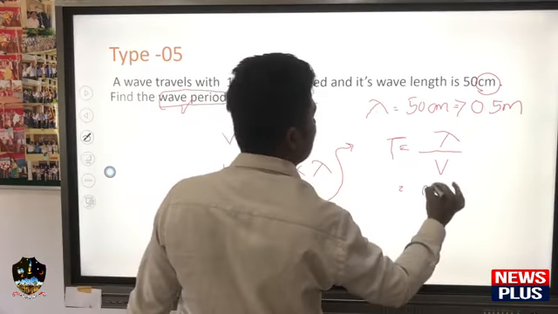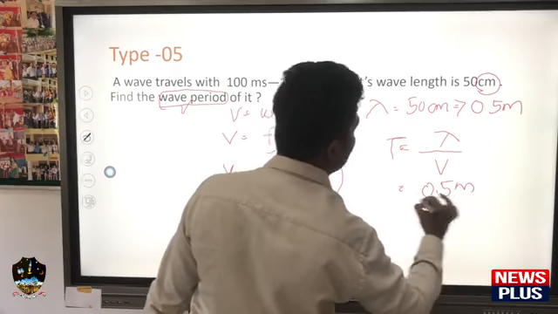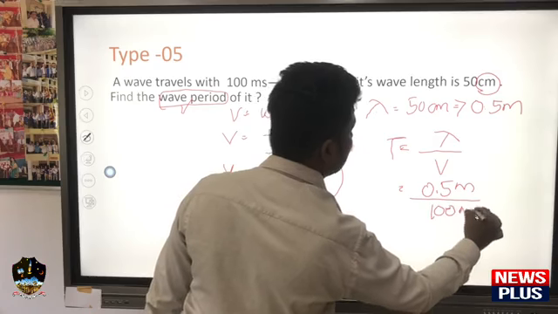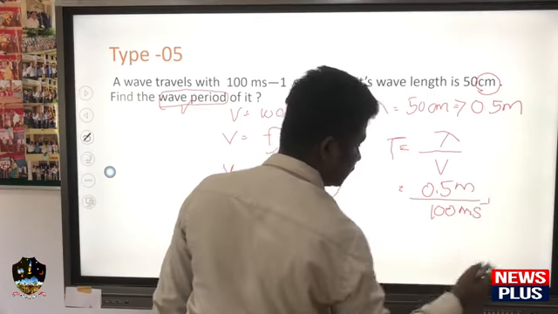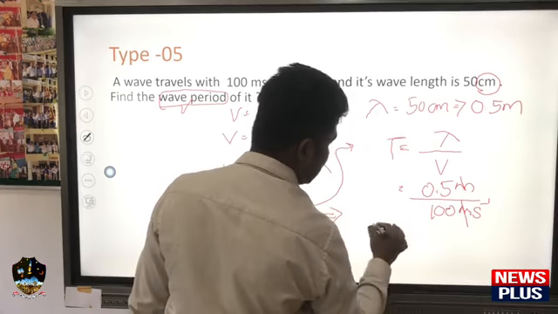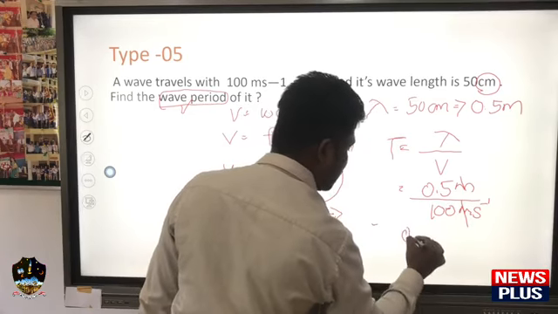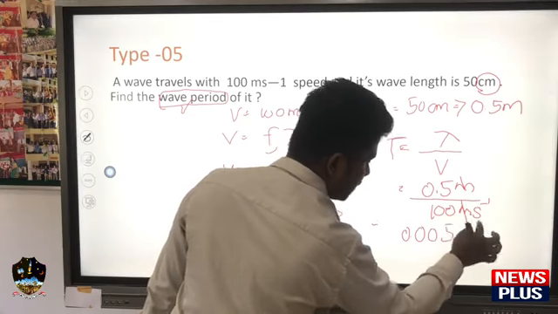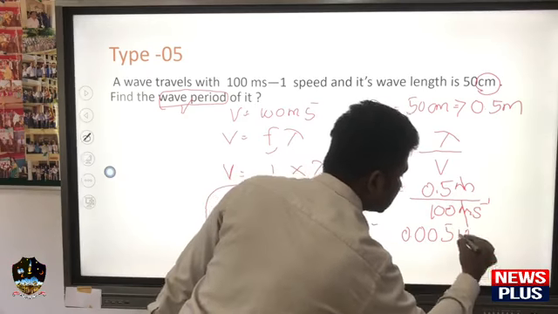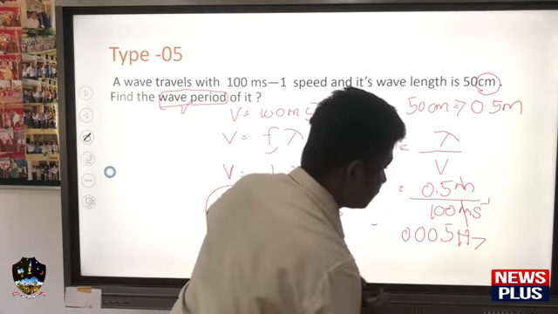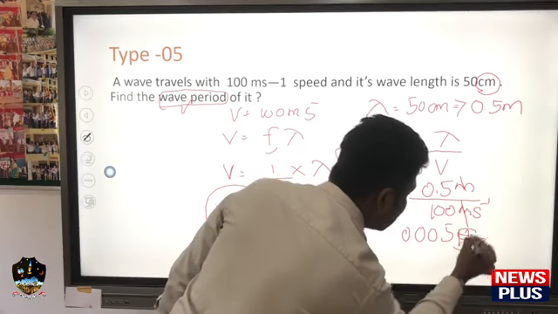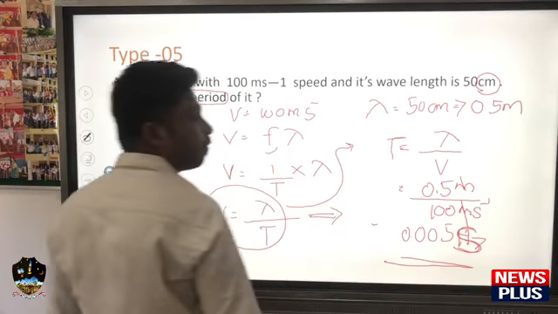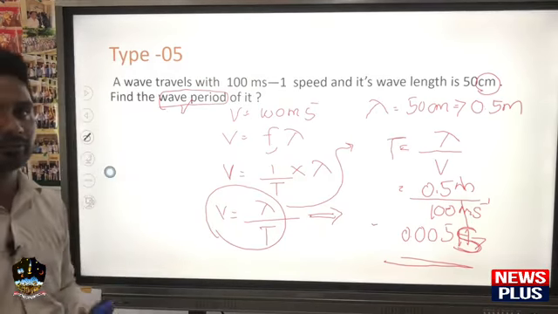So you have to put 0.5 meter and 100 m s^-1. Cancelling the meter, we get 5 over 1000, which is 0.005 second. That is the wave period.